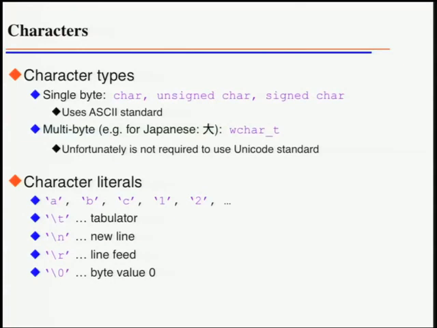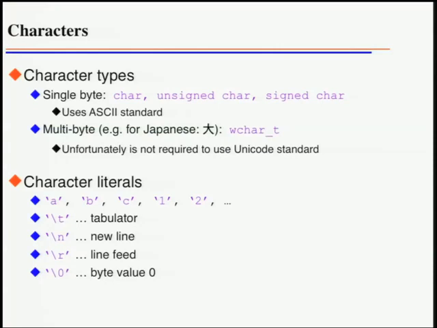Closely related to the integer numbers are the characters. There's a char, like character. There's a character type without a sign bit, unsigned char, and one with a sign bit, the signed char. The standard does not tell you if the plain char has a sign bit or not. That's implementation defined. It uses the ASCII standard.